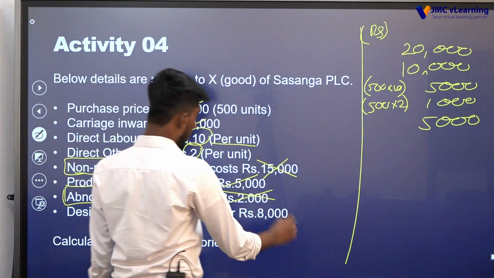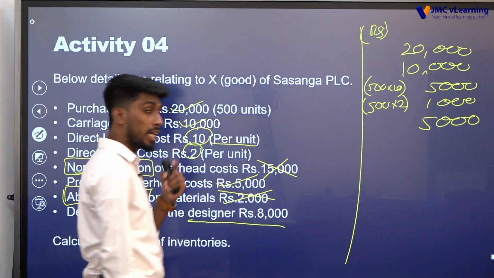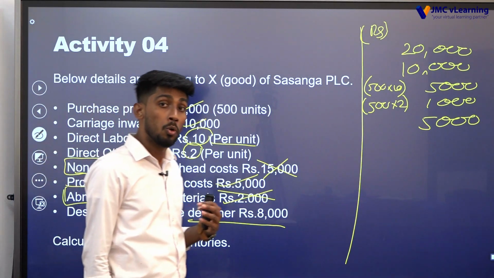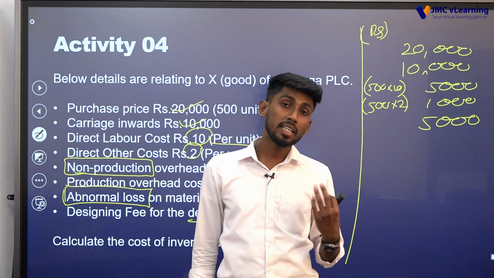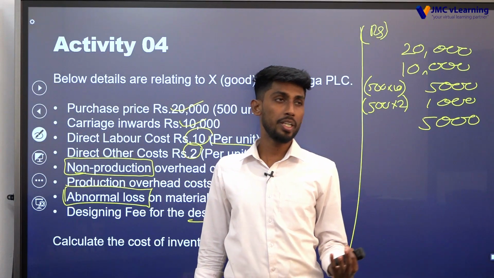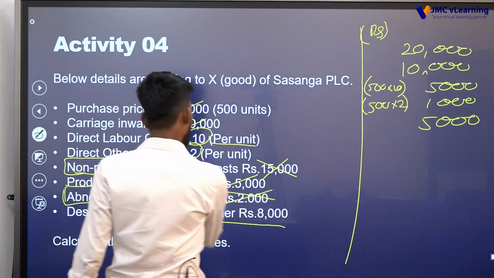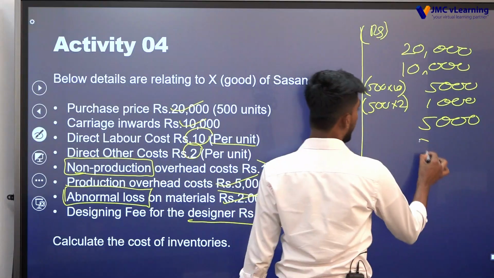Then the designing fee of the designer. Without designing the good, we can't make it into the required condition. So we need to design that. Therefore, this 8,000 can be taken.